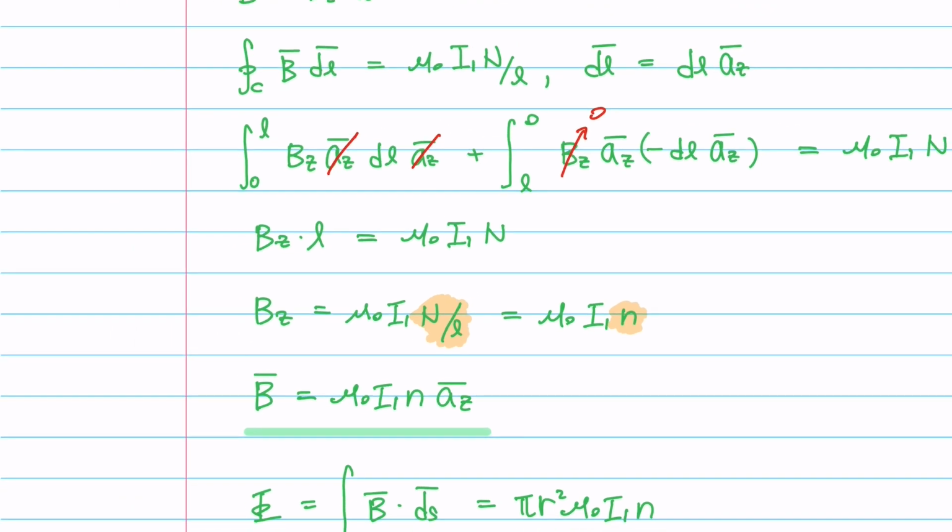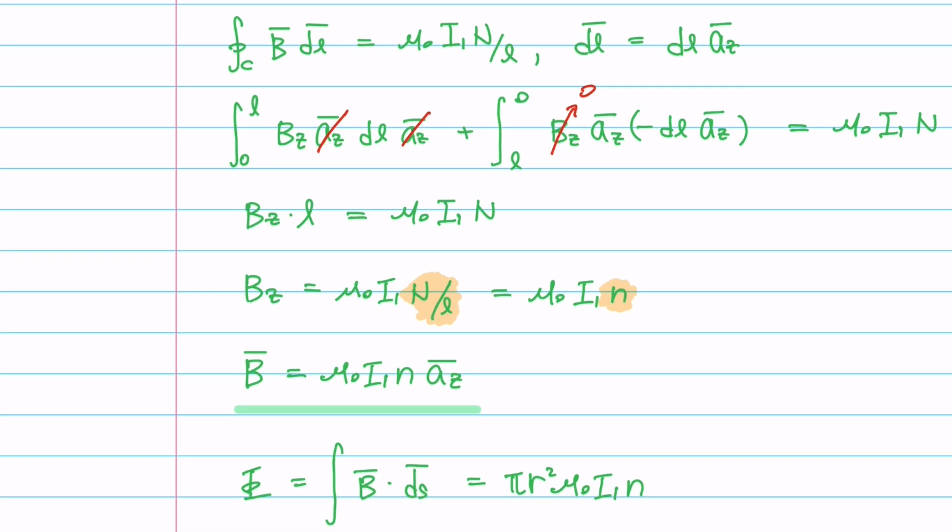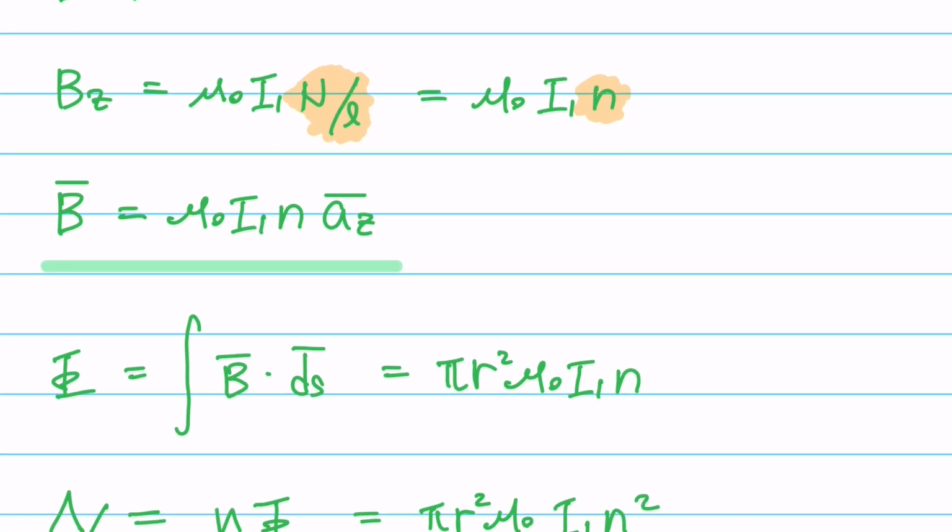Once you get the B field, we need to calculate what the flux is. Again, B is a flux density, so it's Weber per meter squared, but flux is Weber, there's no division by meter squared. To do that, you just integrate the B field over the surface.